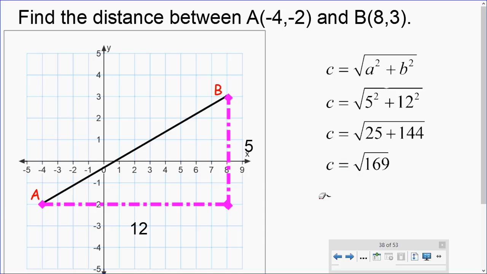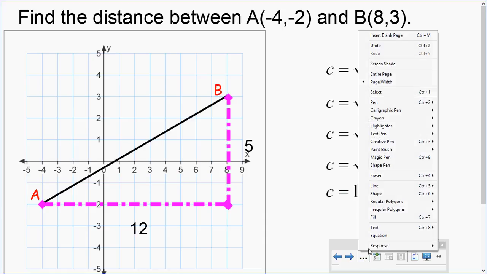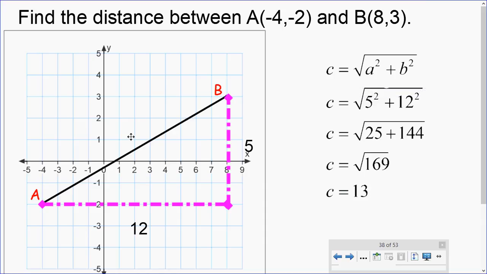What times itself is equal to 169? That answer is 13. So the distance from A to B would be 13 boxes, or 13 units. So that's one way of doing it.